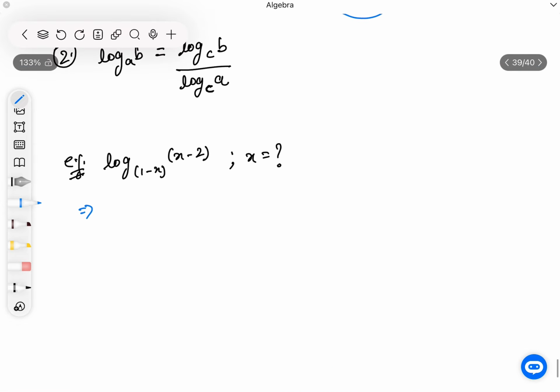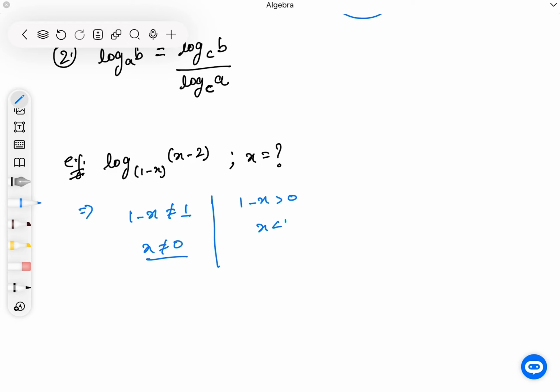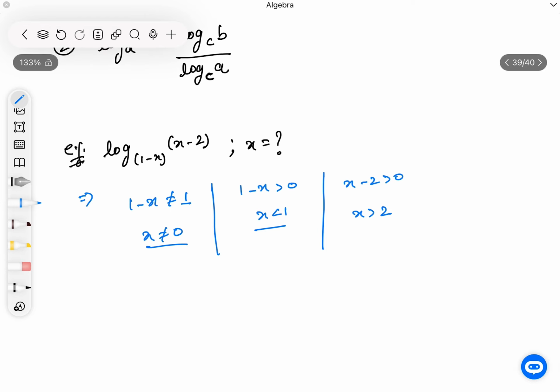So that is the exact same thing we are going to follow. 1 minus x cannot be 1, that is x cannot be 0. Yes, first thing. 1 minus x has to be greater than 0, so x has to be less than 1. Second, x minus 2 has to be greater than 0, so x has to be greater than 2. Cool. Perfect.